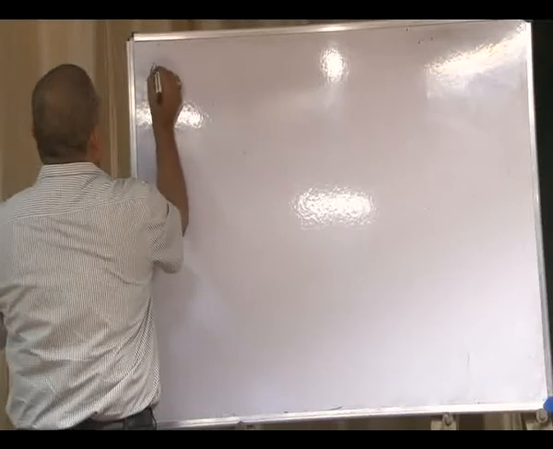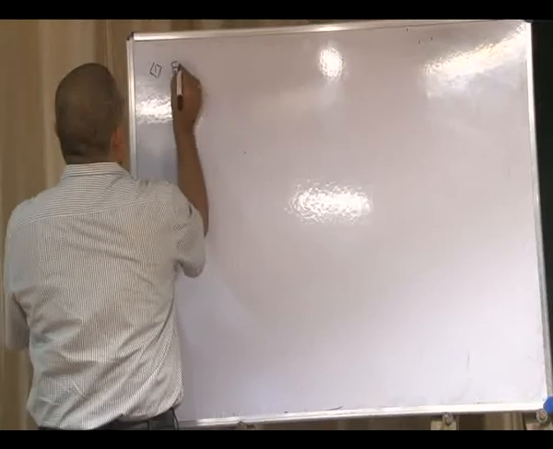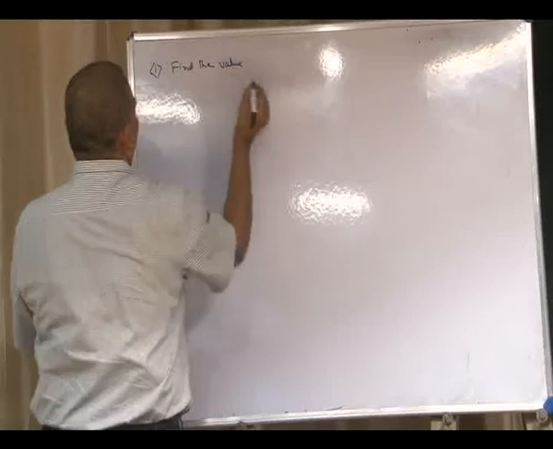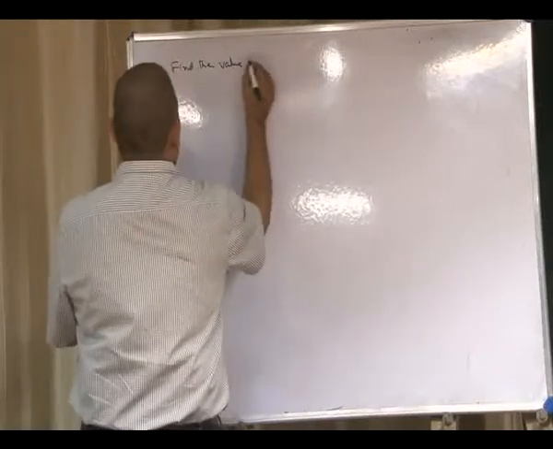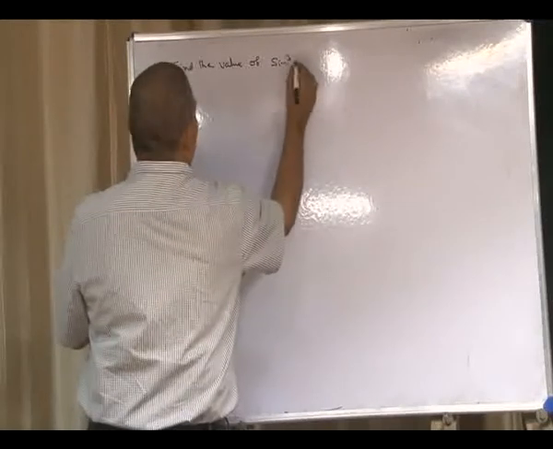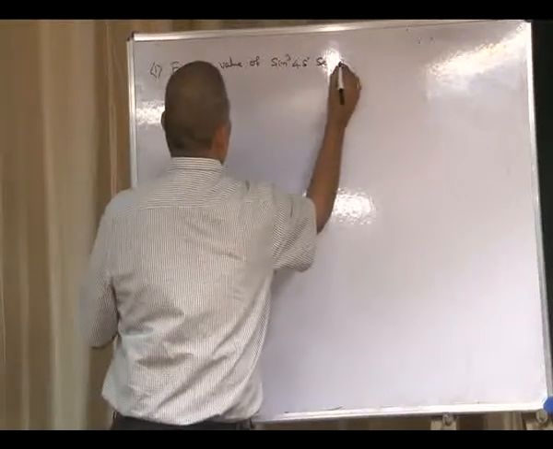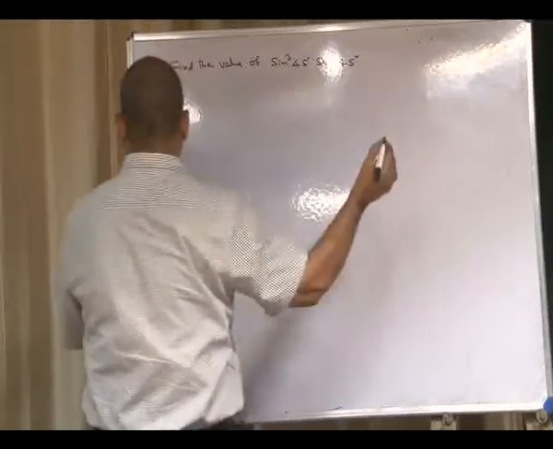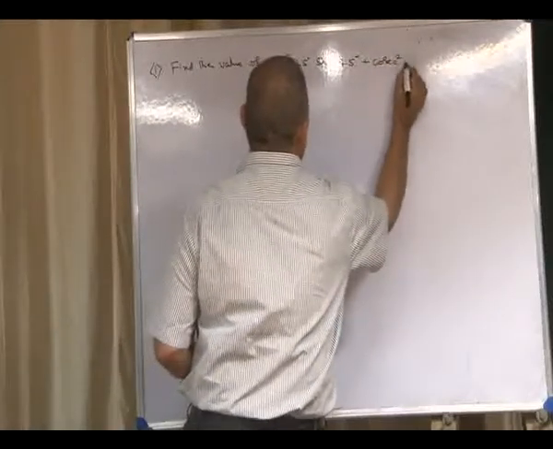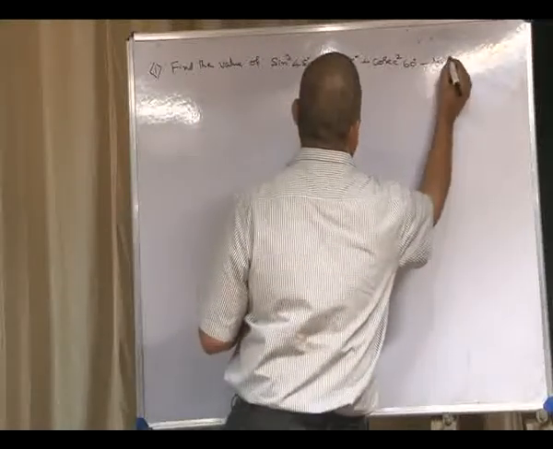First problem, find the value of sin cube 45 degree into secant 45 degree plus cosecant square 60 degree minus tan square 30 degree.